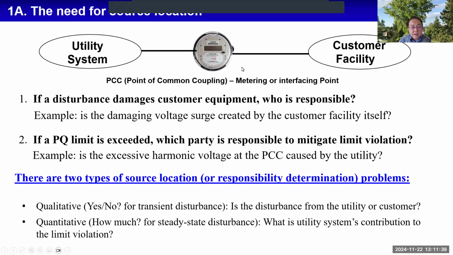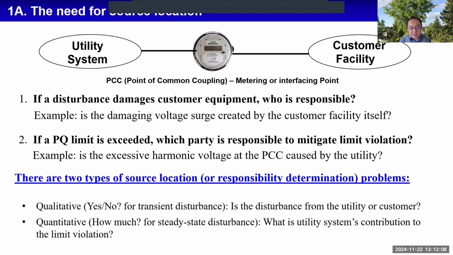But the customer says, because you increased the voltage distortion at this location by 3%, my contribution is only 4%, so I'm not going to fix that. The question becomes, who is responsible for the harmonics at the point of common coupling exceeding the limit? Those are 2 types of responsibilities we need to determine.